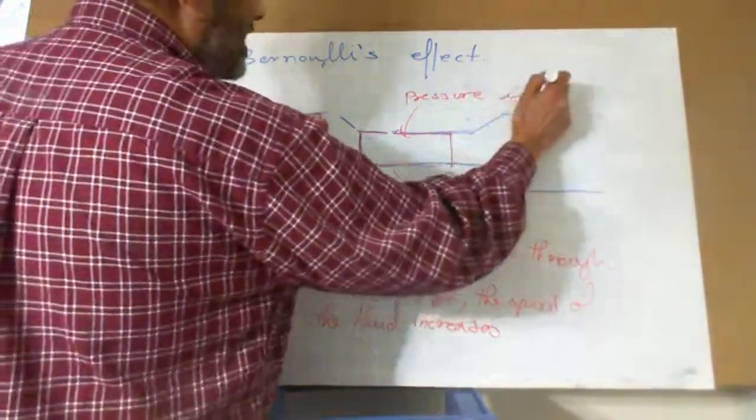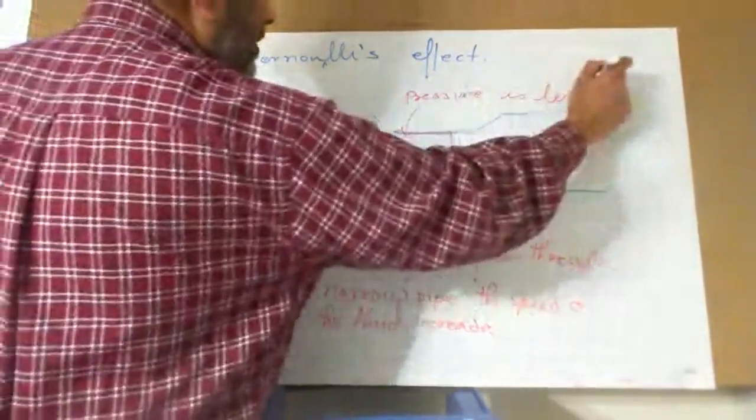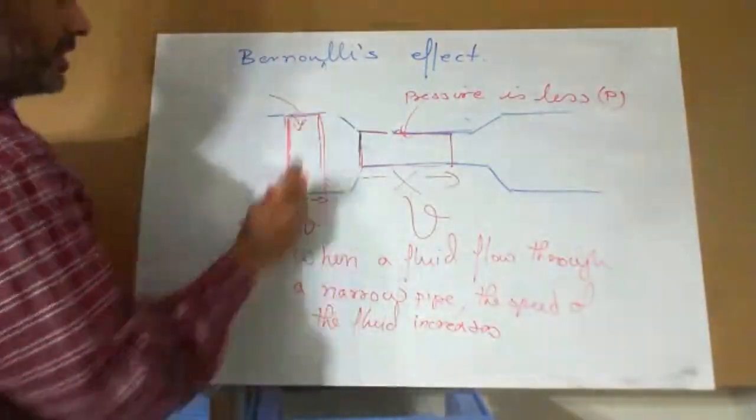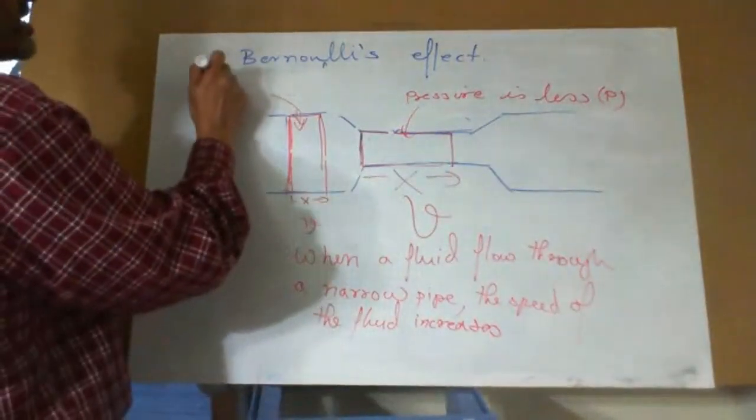Pressure is less. So smaller pressure. Here, because the fluid is going slower, the pressure is larger.